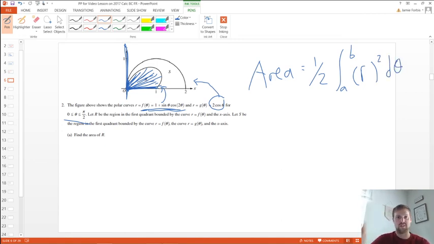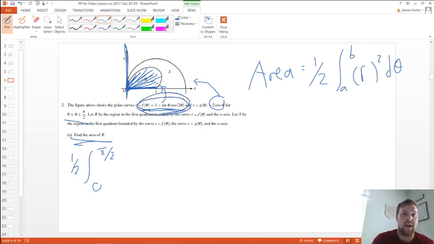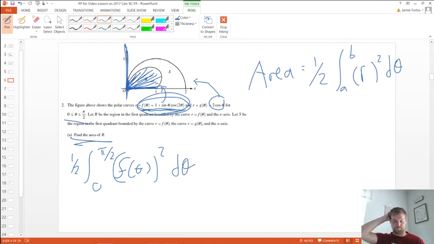So simply put, the area of R is going to be 1/2 the integral from 0 to pi over 2, my bounds there, of my r equation, which in this case is that equation. So I'm just going to write f of theta squared d theta.